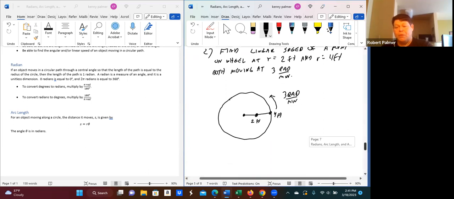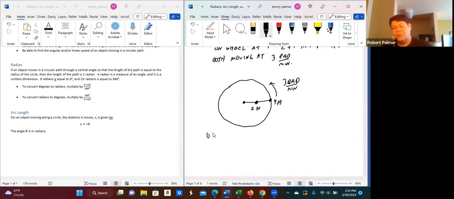How do we do that? Well, what we know is since we're going to use S equals R theta, I think it's often called omega, with omega equal to theta, or angle, per time.